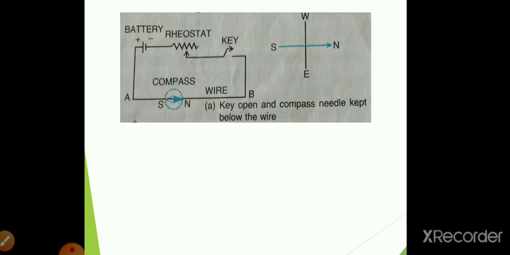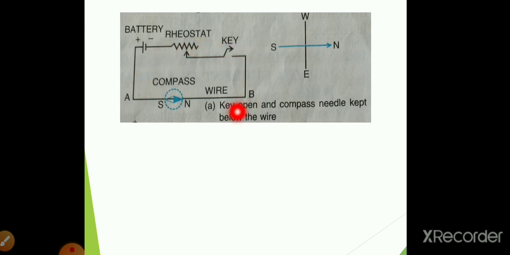You can see here the rheostat is used, a battery is used, and the compass is placed below the conducting wire AB. The compass is pointing in the north-south direction, below the wire, shown by the dotted mark, along with the rheostat, battery and key. So this is the circuit which was used.